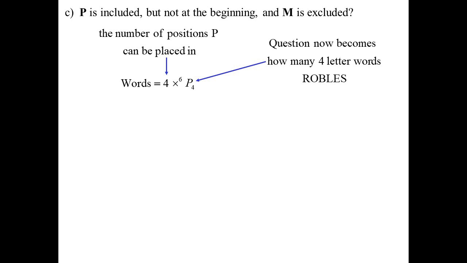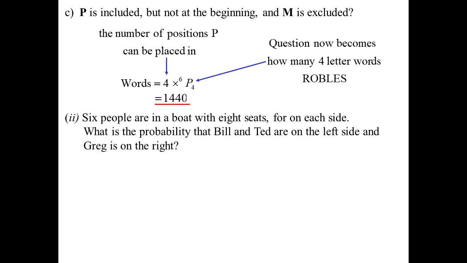Well, that means it's now 6P4, because my question now becomes how many 4-letter words from Robles? Because I've used the P and I'm not allowed to use the M. So I've got Robles left. So 6P4, 1,440.